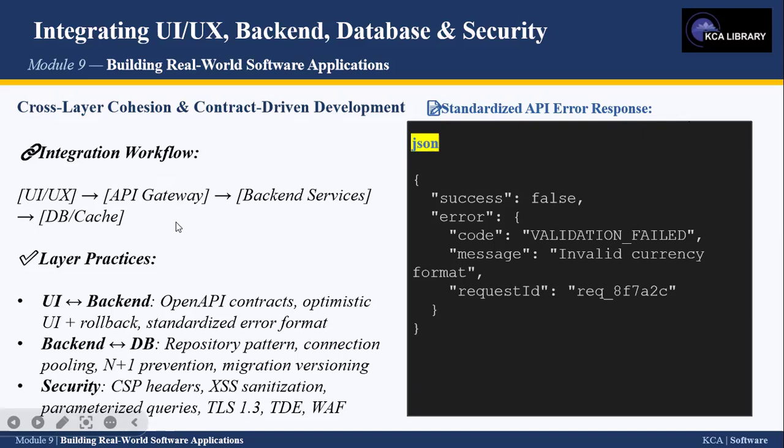The layer practices for UI to backend are an OpenAPI contract, optimistic UI with rollback, and a standardized error format, while for backend and DB: repository pattern, connection pooling, N+1 prevention, and migration versioning. For security: CSP headers, XSS sanitization, parameterized queries, TLS 1.3, and WAF. Cross-layer cohesion ensures no single component becomes a weak link.